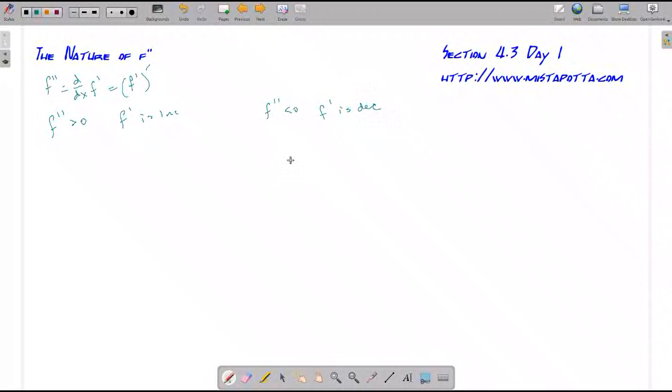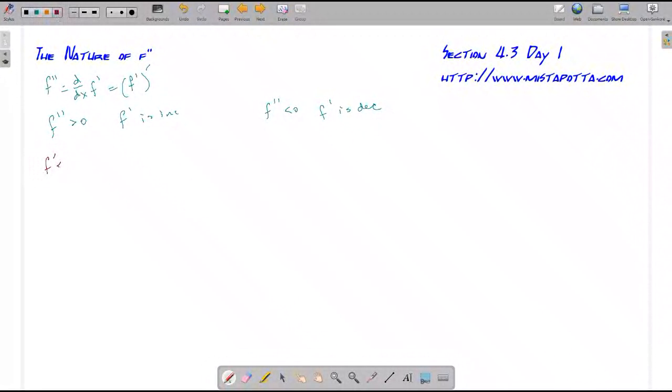So what does it mean for f prime to be increasing? Well, what happens to f prime really depends on what f prime already is.